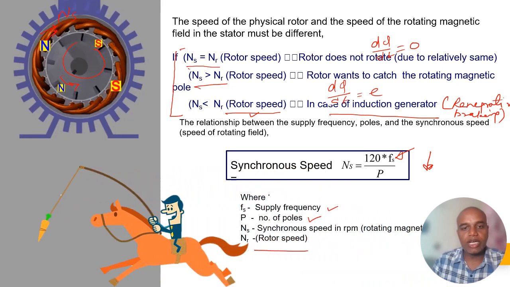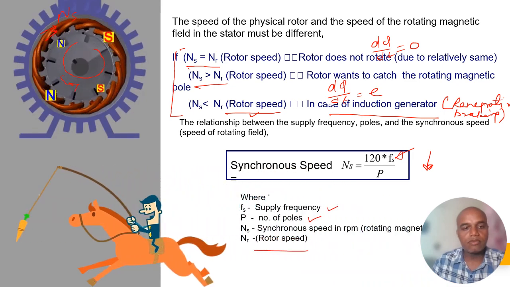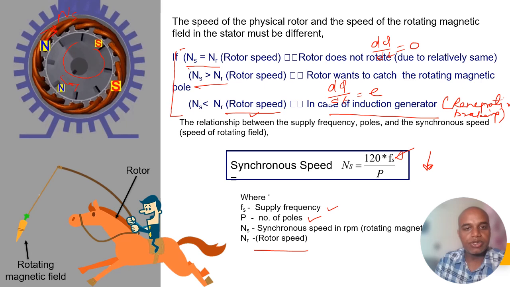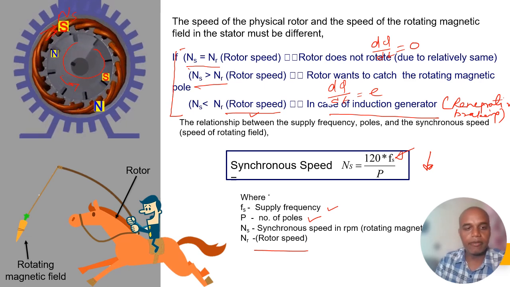The rotor will always try to catch up with the rotating magnetic field, but it will never be able to achieve it in the case of motor action. It is like a horse always trying to catch the carrot. Here the carrot represents my rotating magnetic field and the horse represents a rotor.